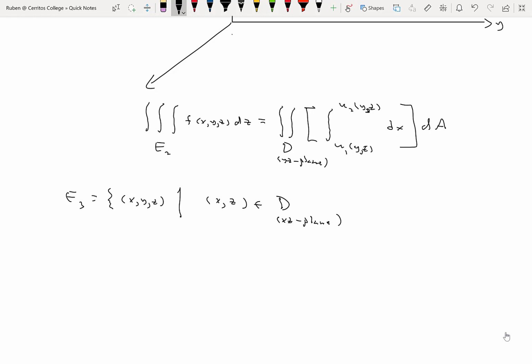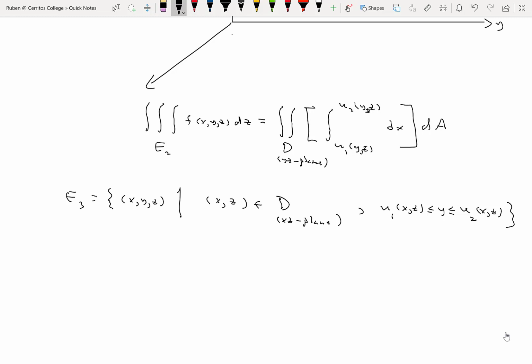And since it's a surface on left and right, that's the y direction. Y will vary from some function y1 of x and z on the left to some function y2 of x and z on the right.